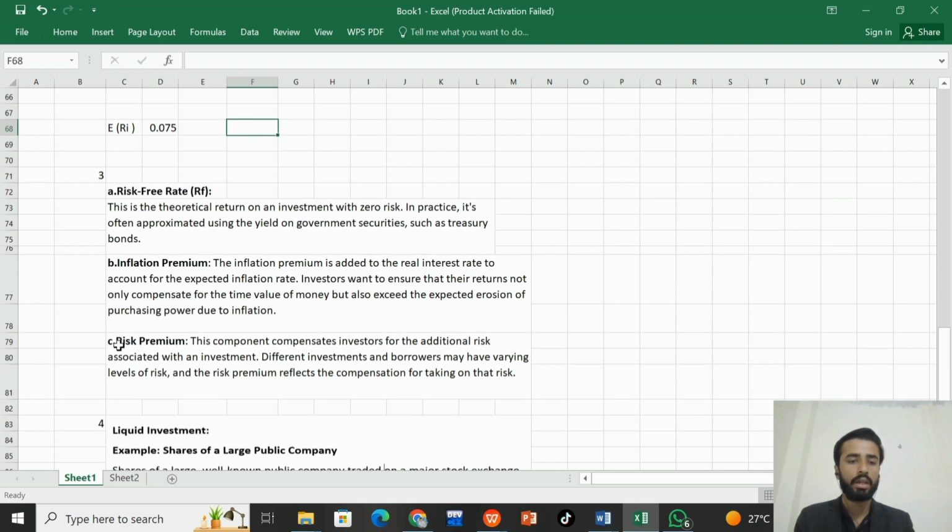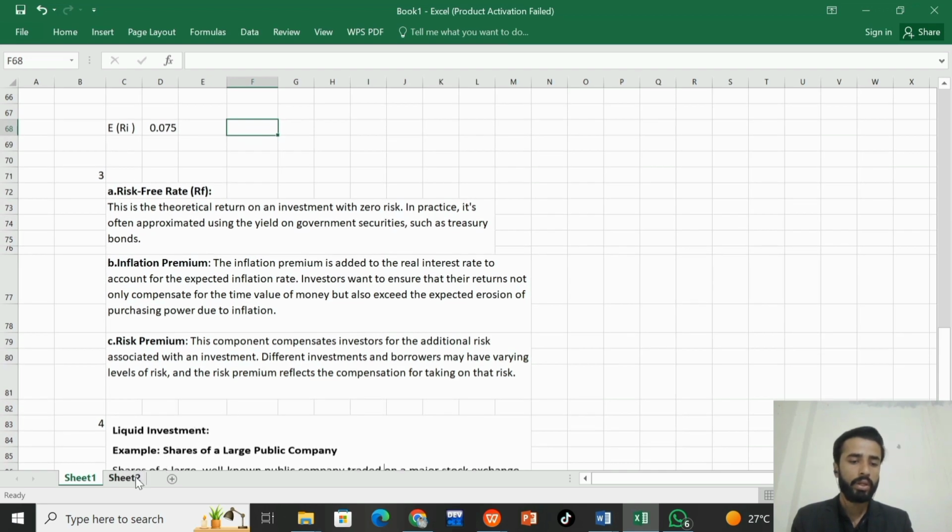And the third one is the risk premium. In many investments, risk is attached. So the bigger the risk, the more return investors expect. This component is also considered by the investors.